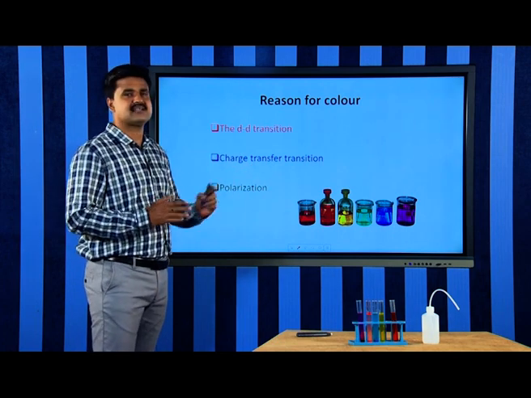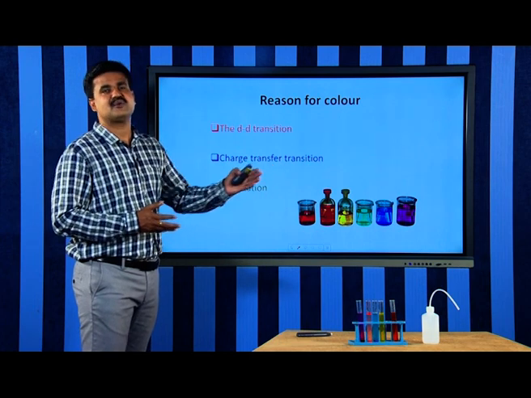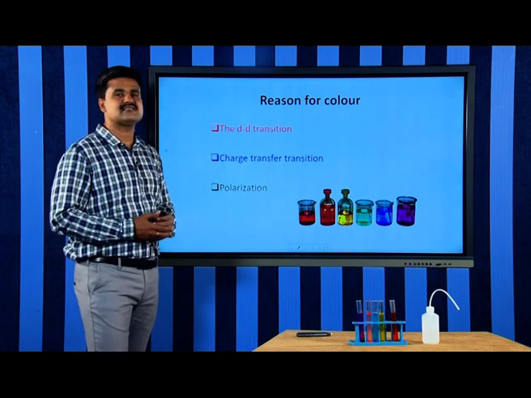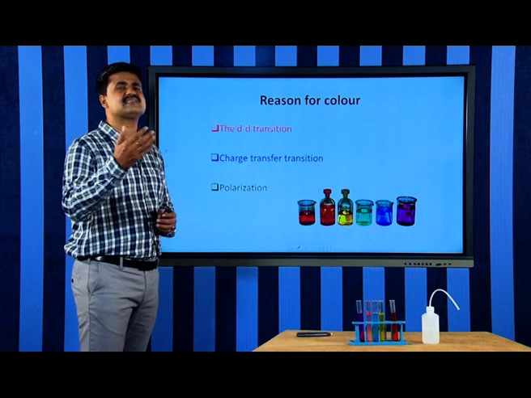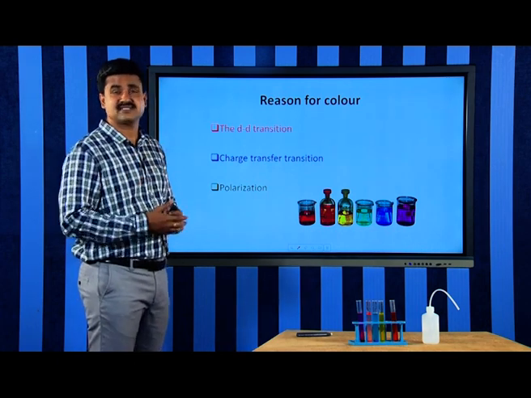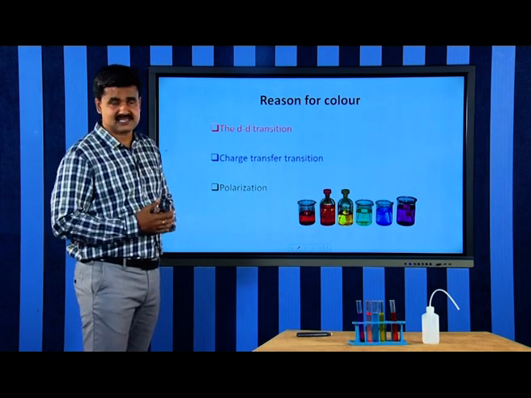Second one is charge transfer transition, as I mentioned in the case of potassium permanganate, potassium dichromate, potassium chromate etc. Another one is polarization. That is a very rare reason for color in some silver halides. Silver chloride is a white precipitate. Silver bromide is a pale yellow substance.